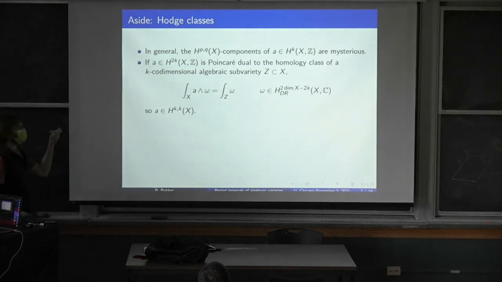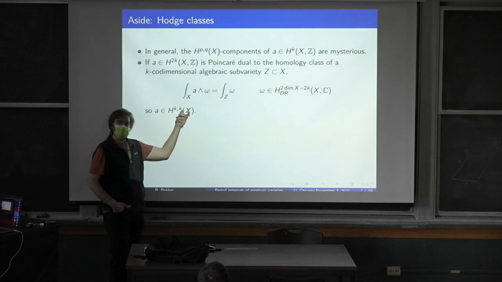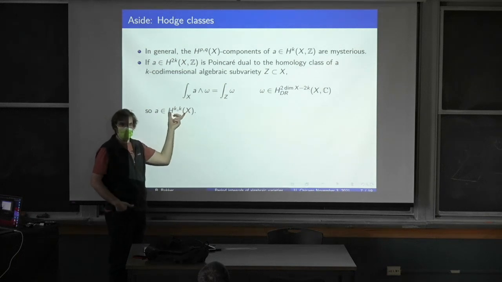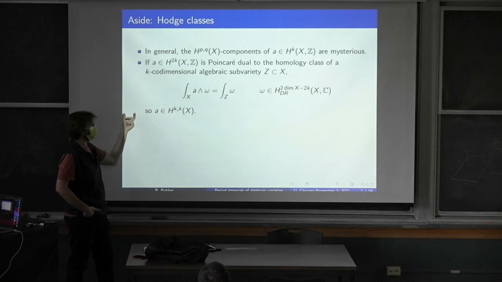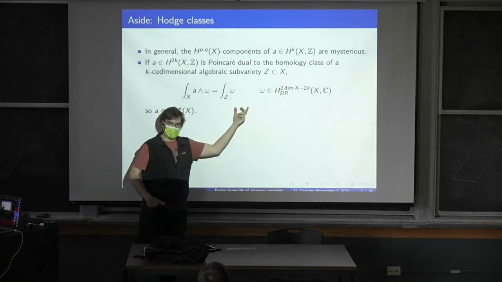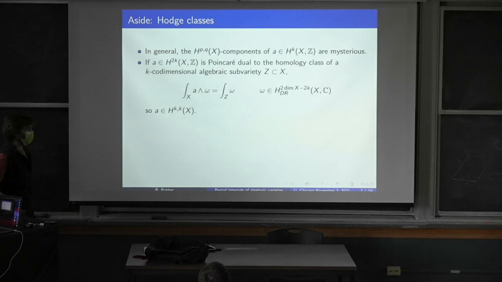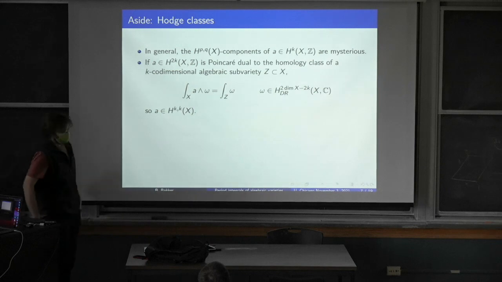And notice that because of this conjugate symmetry, this is the only way a real class can be of pure Hodge type, right? Only if it's in the middle. Because if it's real and it has a PQ component, it must also have a QP component. Therefore, if it only lives in one of them, then it must be in the middle.